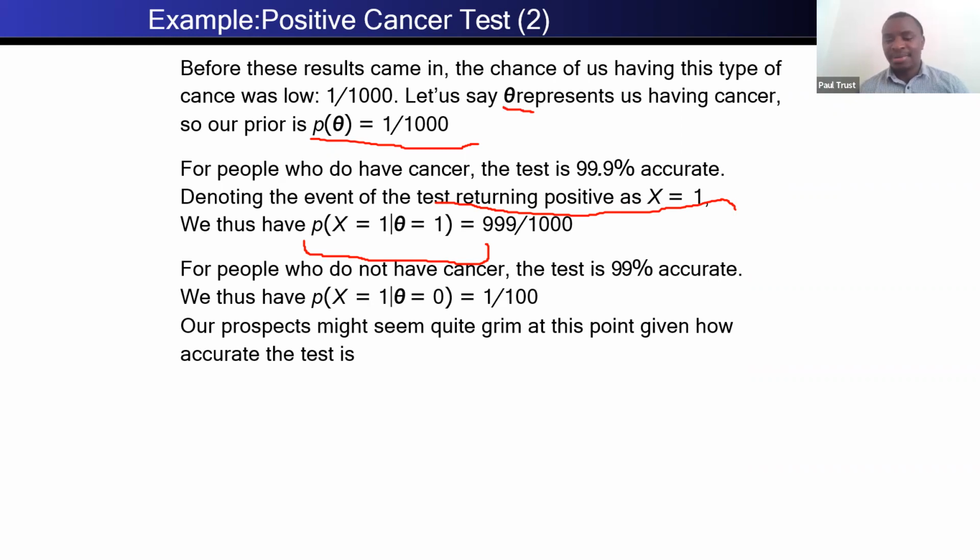If you do have cancer, the test is 99% accurate. So imagine that you have cancer and the test is positive. That means the test is positive given that you have cancer. In 1,000 people, this is accurate for 991 people.